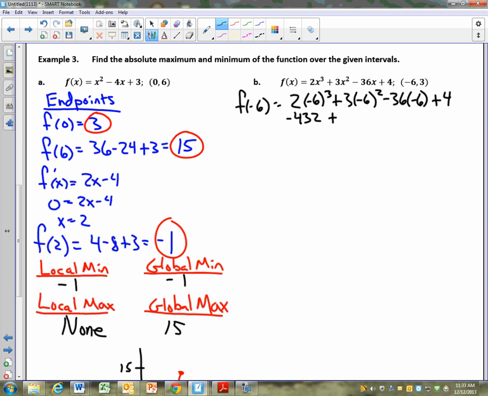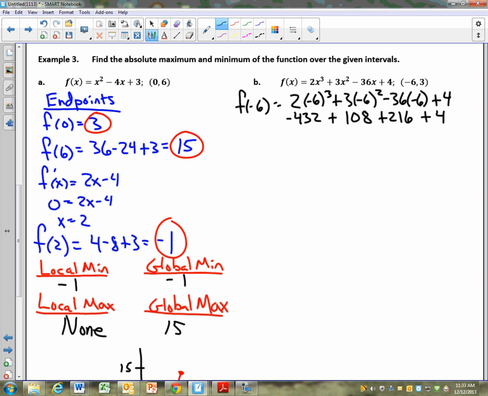Then you have -6 squared is 36 times 3 is 108. -6 times -36 is going to be positive 216 plus 4.